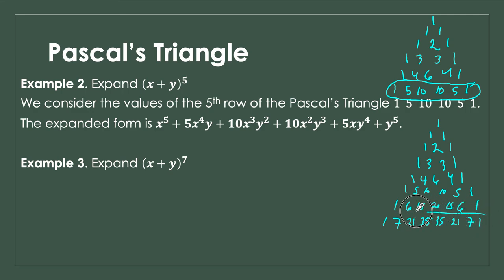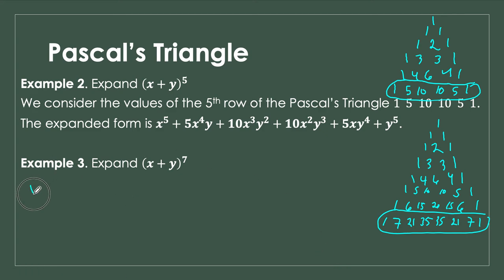Okay, so we need this sequence of numbers in order for us to get the coefficients. These are the coefficients of that expanded form of x plus y raised to 7. So let's have it.